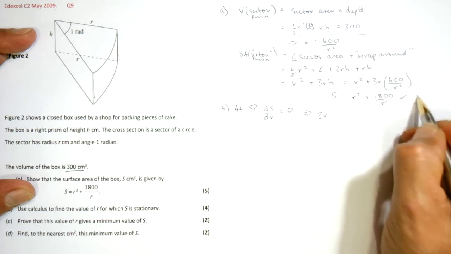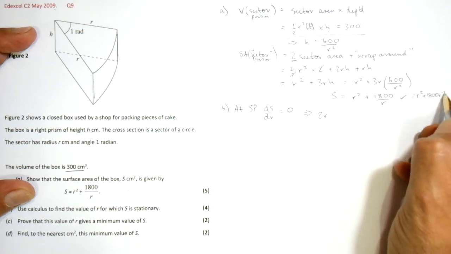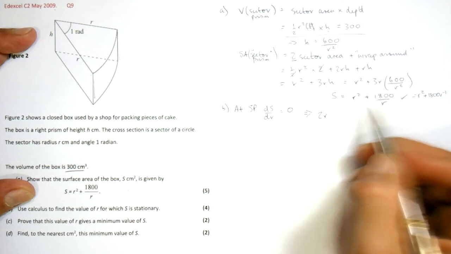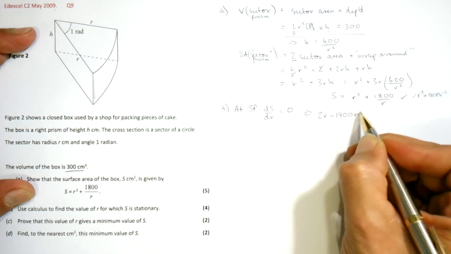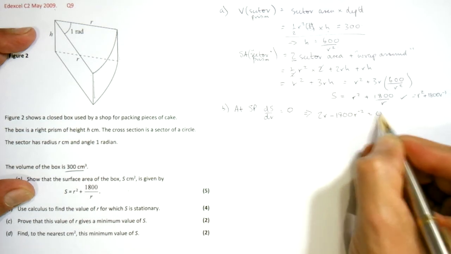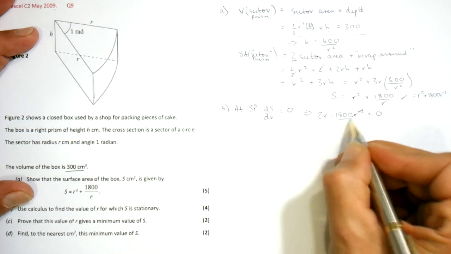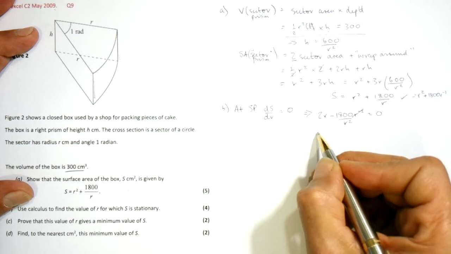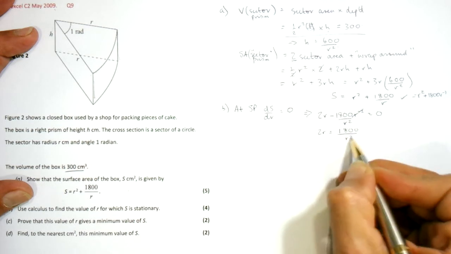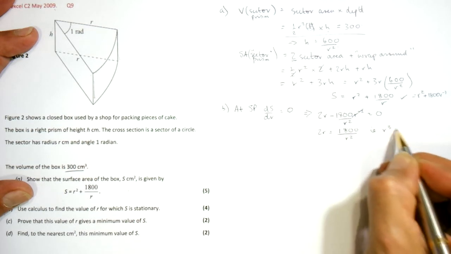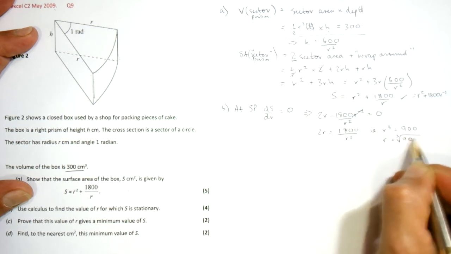So we could write that as r squared plus 1800 r to the minus 1, so times by the power, take away 1: minus 1800 r to the minus 2 is equal to 0. So let's rewrite that as this one. And if this is equal to 0, then 2r is equal to 1800 over r squared, i.e. r cubed is 900, and r is the cube root of 900.